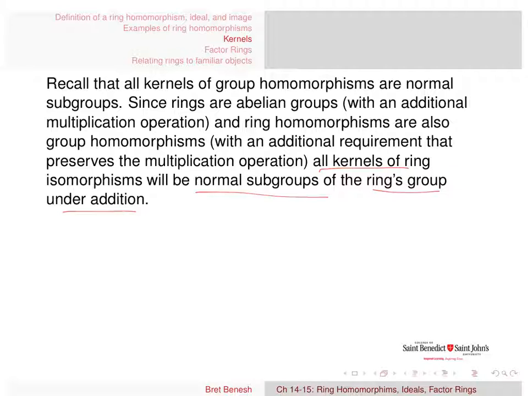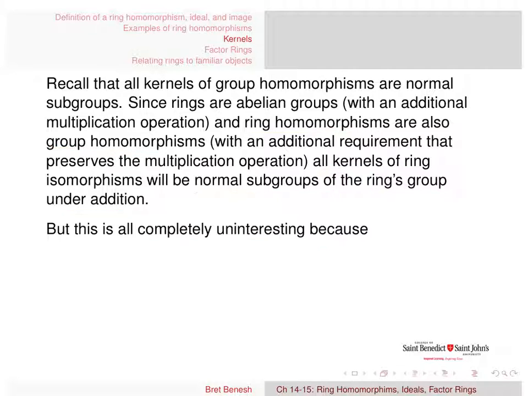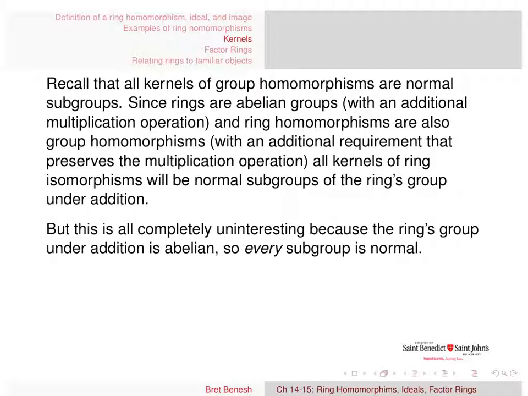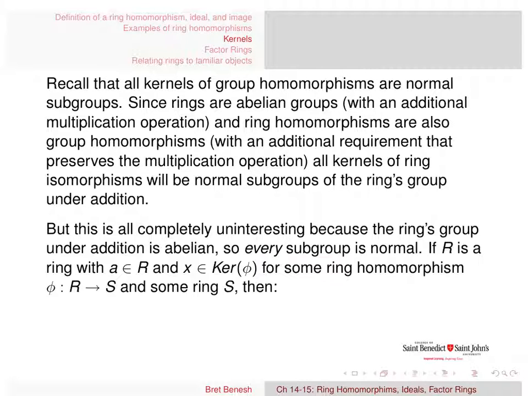We know that kernels of group homomorphisms are subgroups, and because ring homomorphisms are group homomorphisms, every kernel is going to be a subgroup. And it's got to be normal, one because it's a group homomorphism, but also because the ring is an abelian group under addition. Every subgroup is normal, in summary.